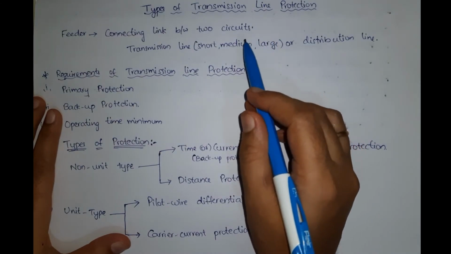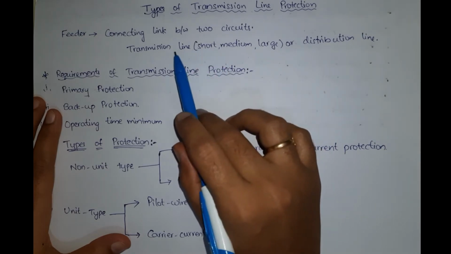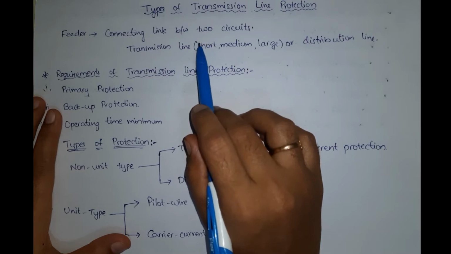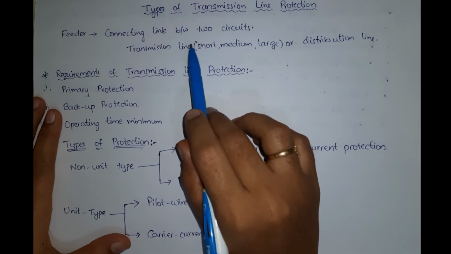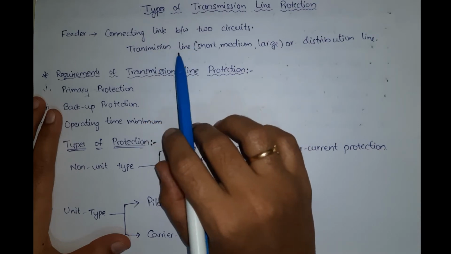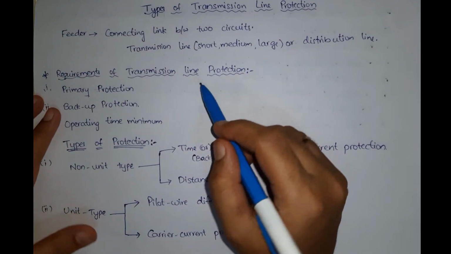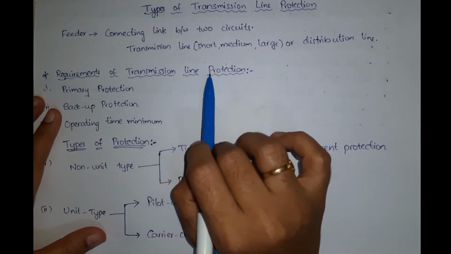So the probability of faults in the transmission lines is more. So if transmission line protection or feeder protection is meant, it means transmission line protection only. Then let us see what the basic requirements of transmission line protection are.